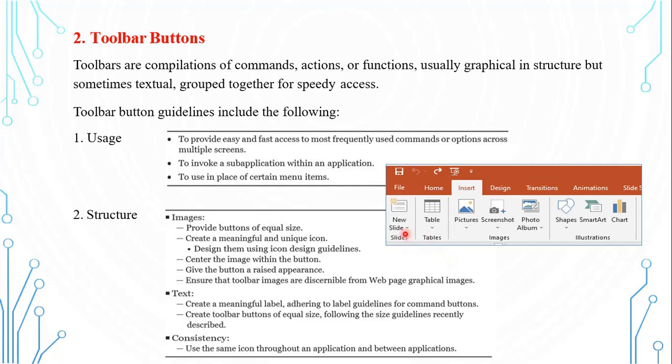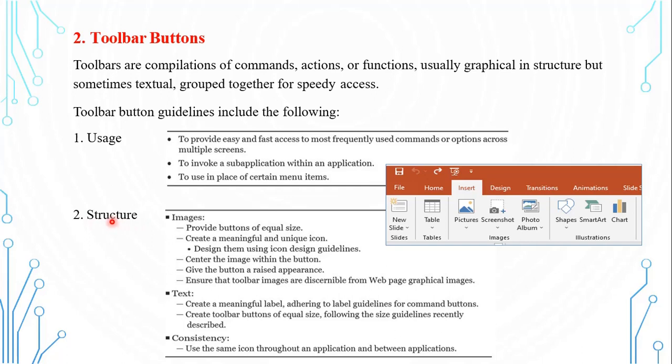These are commands you use frequently, so they are placed on the toolbar. Also, to invoke a sub application you can have toolbar buttons. Another usage is in place of certain menu items, so instead of going through menu items, you can directly invoke the toolbar buttons.